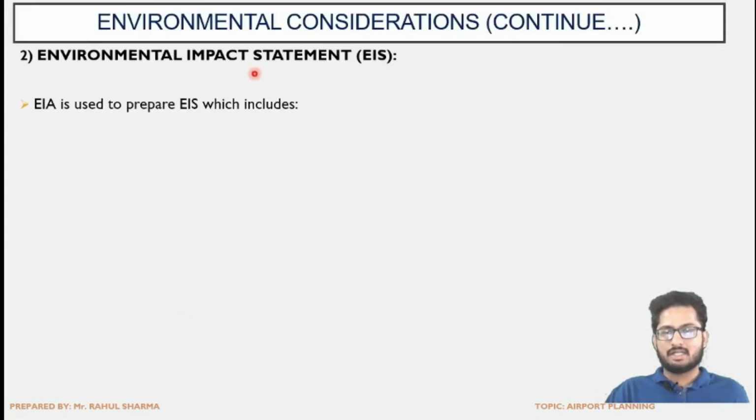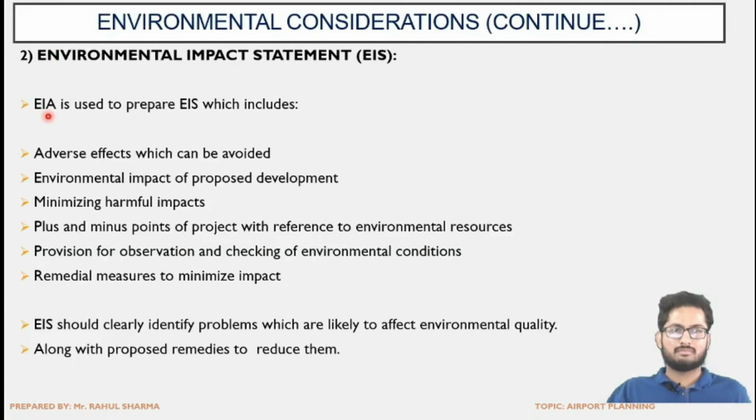Next is the Environmental Impact Statement, that is EIS. EIA is used to prepare EIS, that is the impact assessment is used to prepare the impact statement, which includes the following details. Adverse effects which can be avoided.